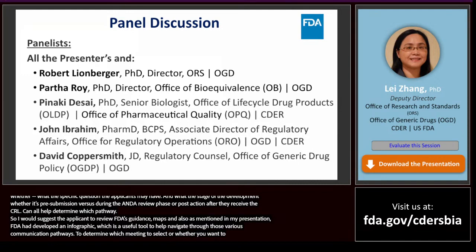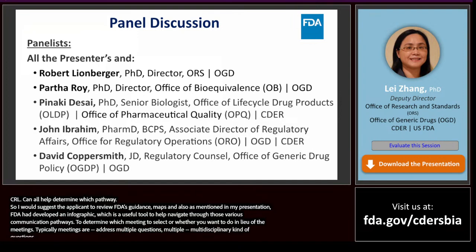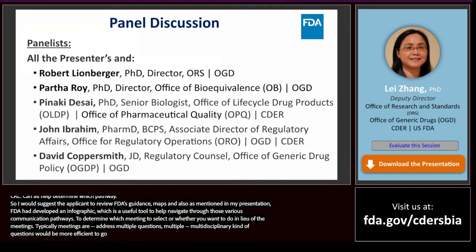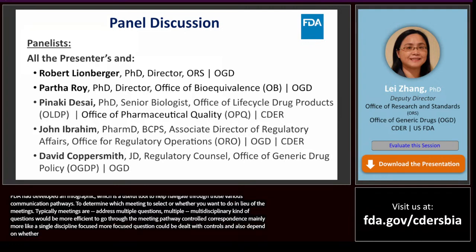Typically, meetings address multiple, multidisciplinary questions, so it would be more efficient to go through the meeting pathway. Controls are mainly a single discipline focus, so more focused questions could be dealt with through controls, and it also depends on whether the product is a complex product. Complex product can also help make the decision.